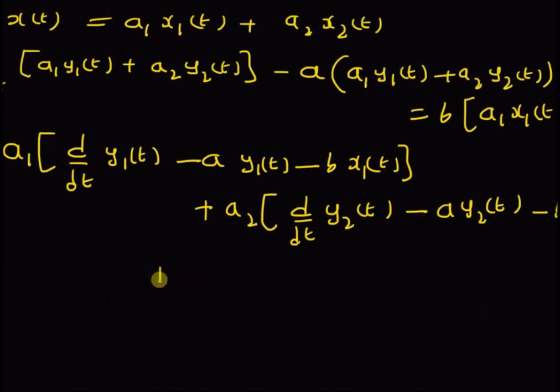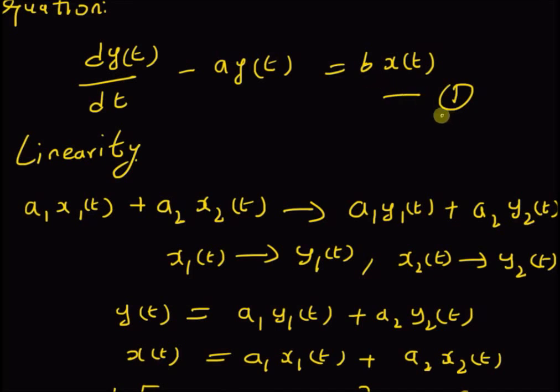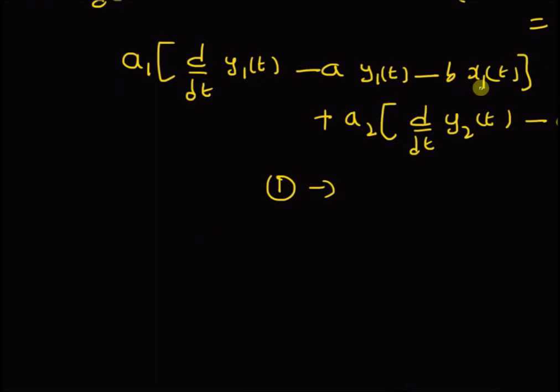Now from equation 1, we can clearly see that the expression in the first square bracket is equal to 0. For y of t equal to y1 of t and x of t equal to x1 of t, that is when the input is x1 of t and the output is y1 of t, equation 1 is satisfied. So when you take b times x of t onto the left side, the expression in the brackets, for x1 of t as input and y1 of t as output, satisfies equation 1 and is equal to 0.